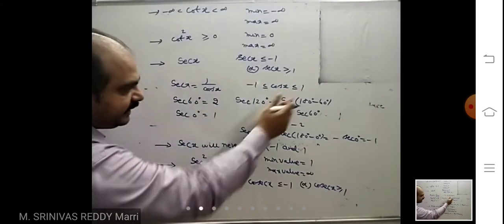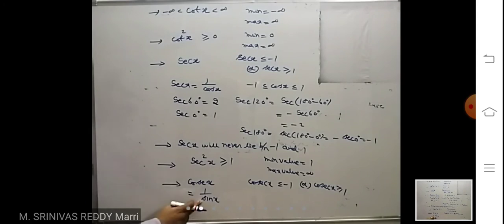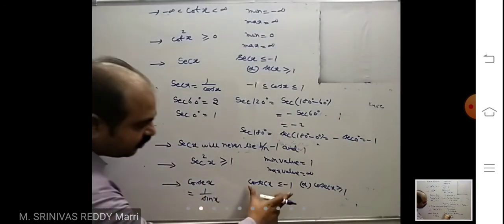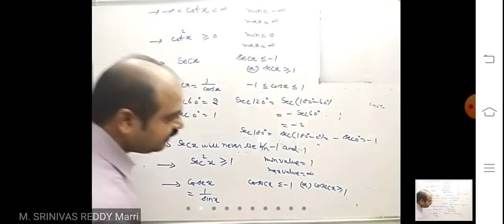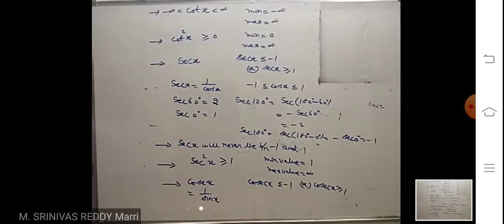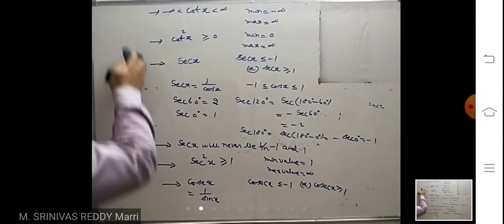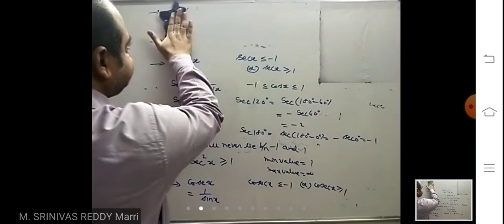Same logic will apply here also. As the denominator is lying between -1 and 1, if you take the reciprocal of that number, it never lies between -1 and 1. So cosecant x will be either less than or equal to -1 or greater than or equal to 1. It will never lie between -1 and 1.